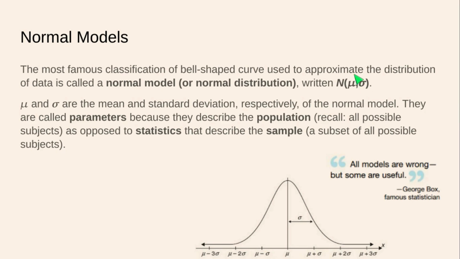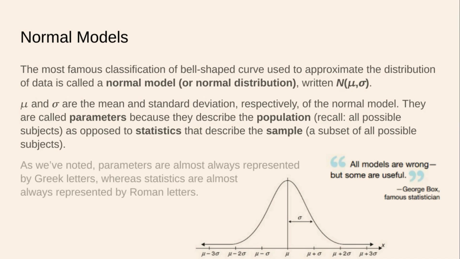So we use parameters to describe this curve that we are fitting to a set of data. As we've noted, parameters are almost always represented by Greek letters. This is a Greek letter mu, Greek letter sigma. Whereas statistics for samples are almost always represented by Roman letters, like x-bar and s.